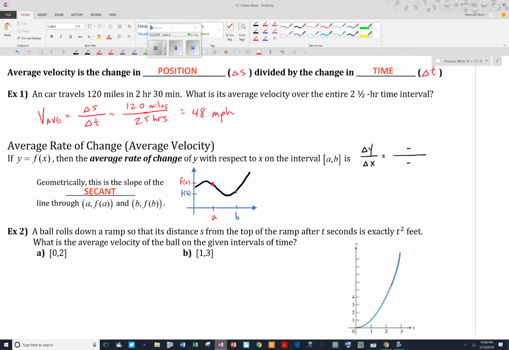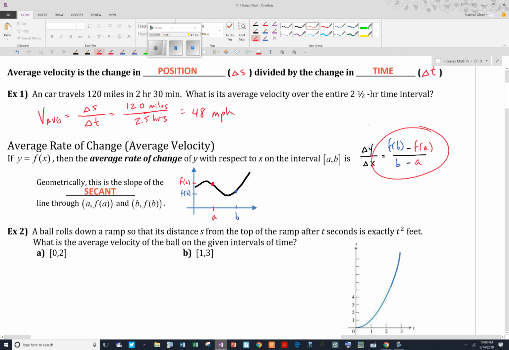So I'd be taking f of b, my second y value, minus f of a, my first y value, and my second x value, which is b, minus my first x value, which is a.